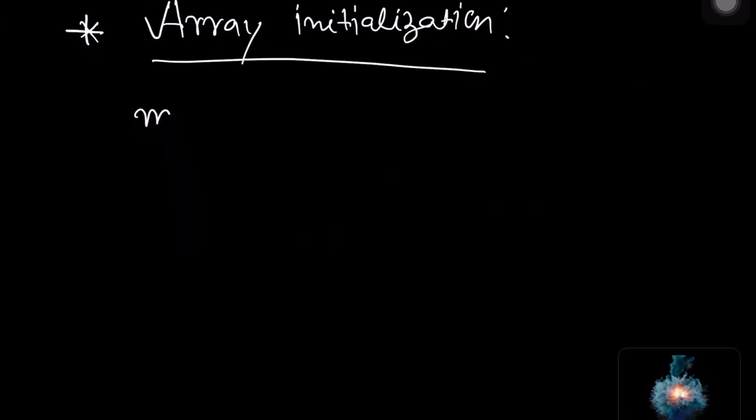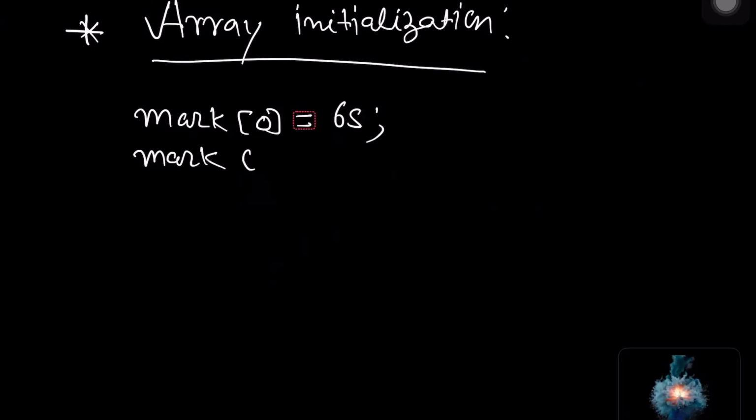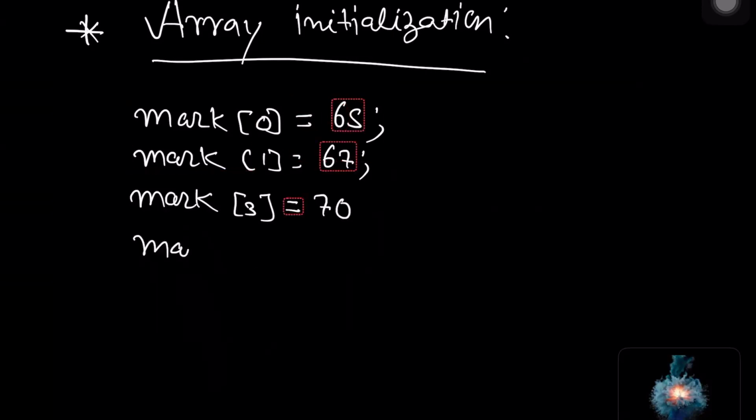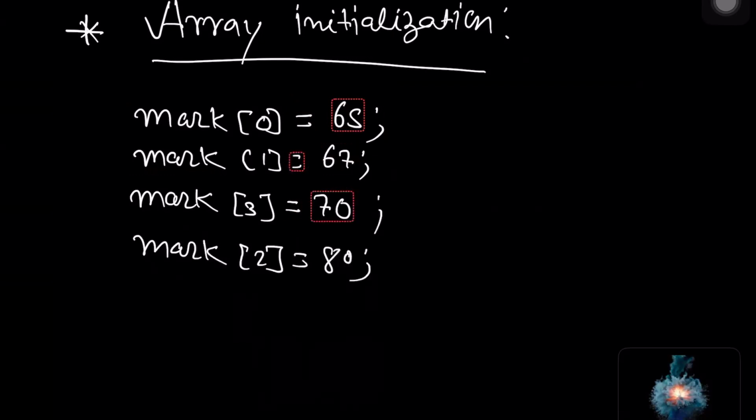I will write mark 0 equal to 65, mark 1 equal to 67, mark 3 equal to 70. I can initialize in any order. Mark 2, I can place here, 80. So like that I can do direct initialization.